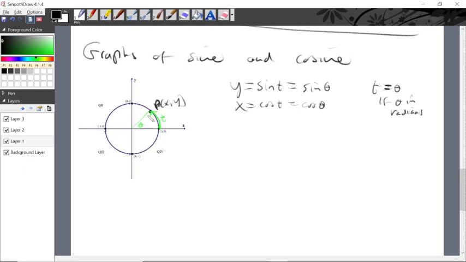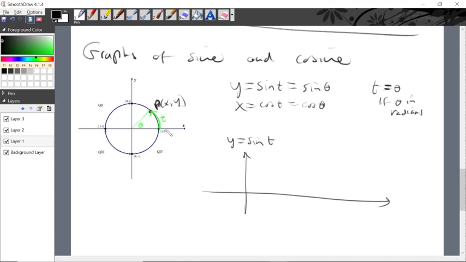So if we just focus on the sine wave for right now, let's say I wanted to graph the function y equals the sine of t. That is, what is the y coordinate as the value of t varies?